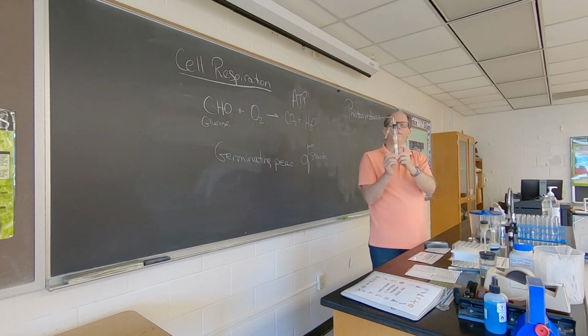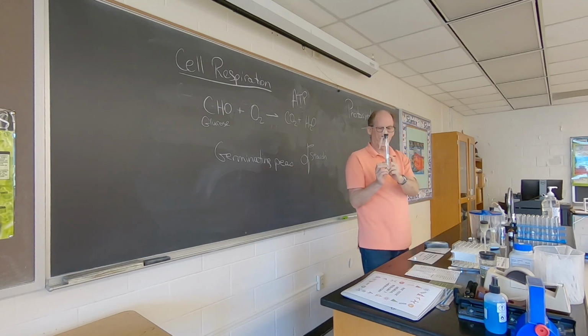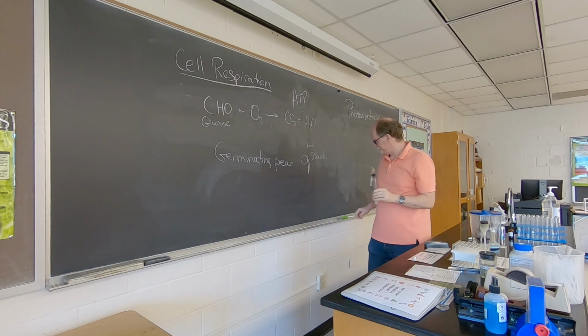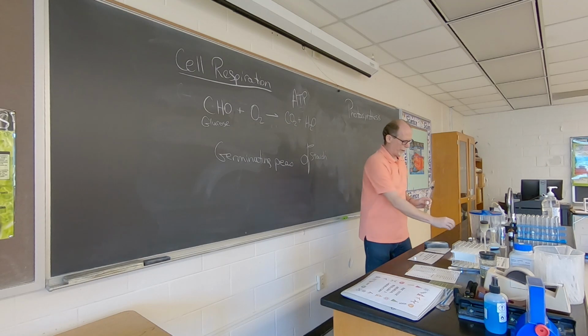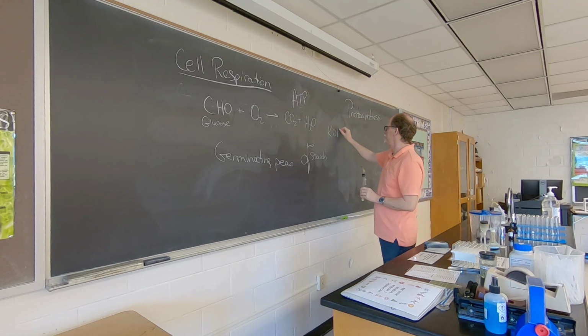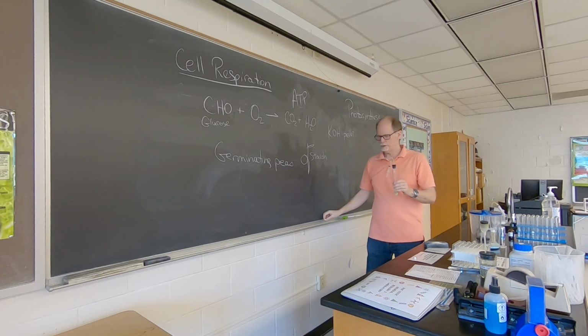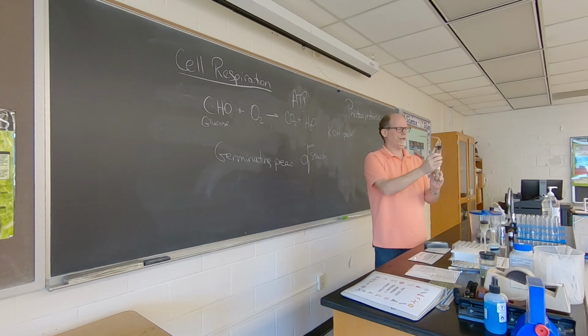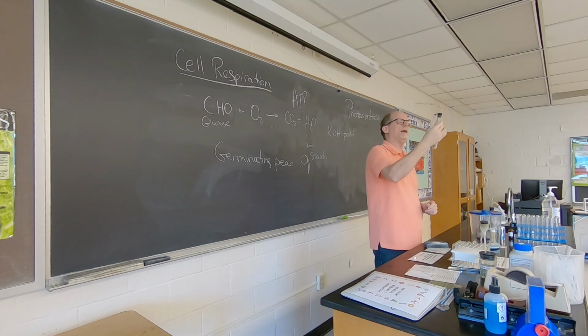This morning I put in a potassium hydroxide, KOH, pellet. It's a solid, a little white chip. You can't see it because of the cotton, but it's hanging out in there.